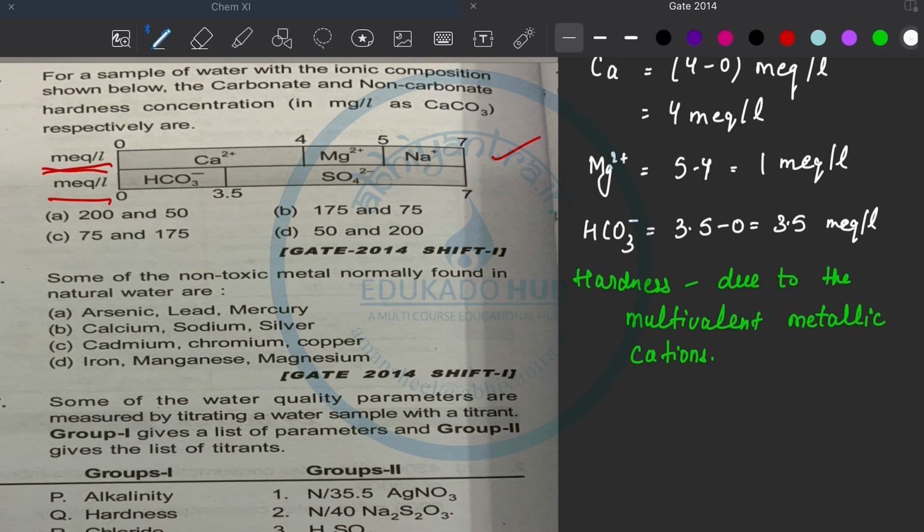Okay, so sodium is a metal, but it is single valency, so it is not a multivalent. The multivalent metallic cations are Ca and Mg, so they will create hardness.